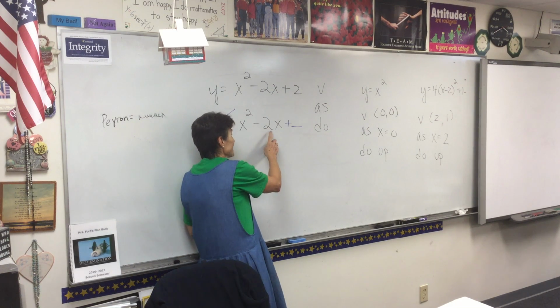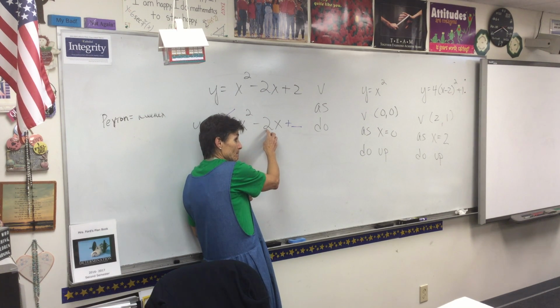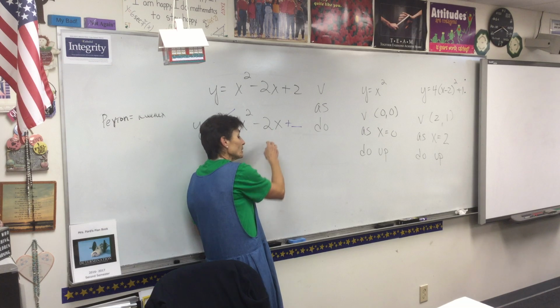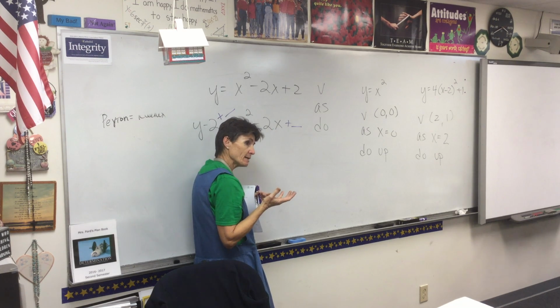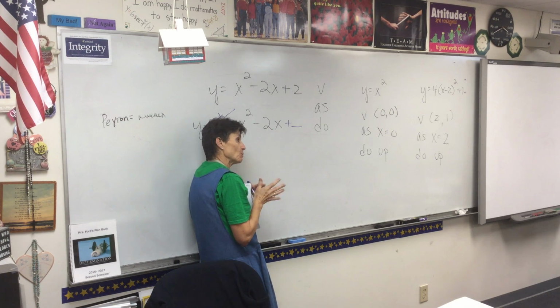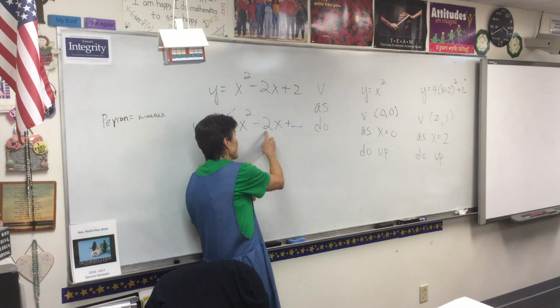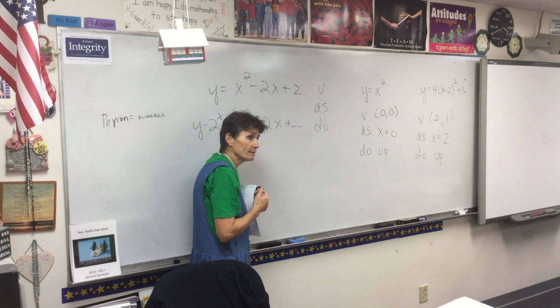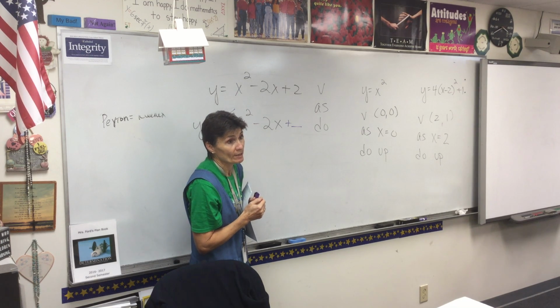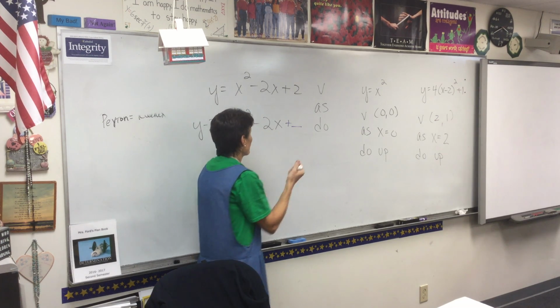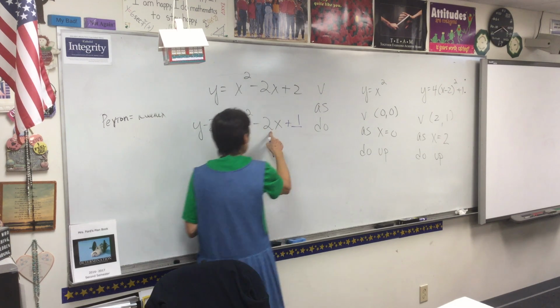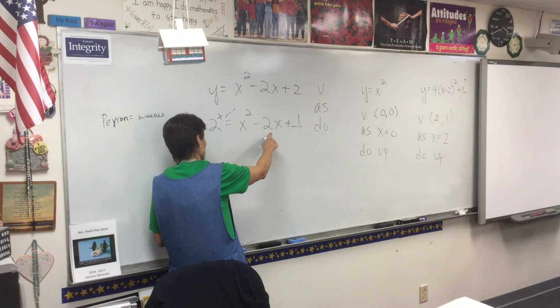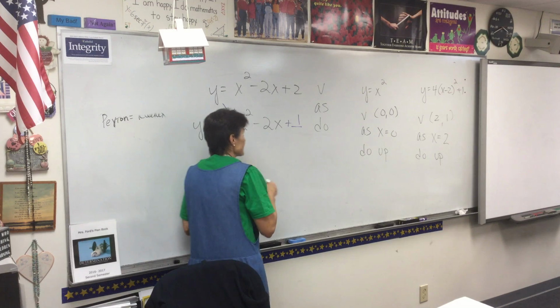So we take half of this number, right? And actually, since you're squaring, you don't even need to worry about the negative. You can just take half of 2, and half of 2 is 1, and 1 squared is 1. So we're going to take half of this number and square it. So in this case, it's 1.